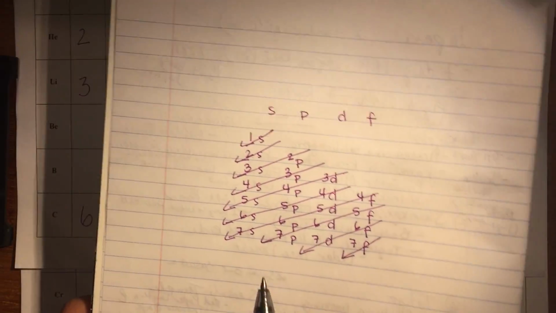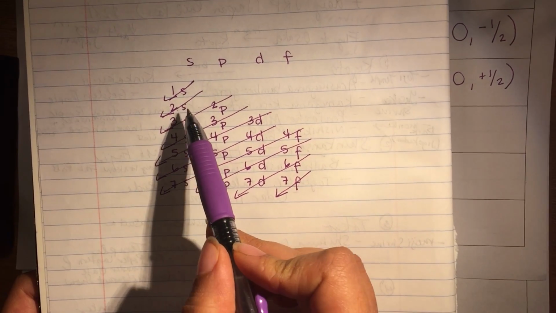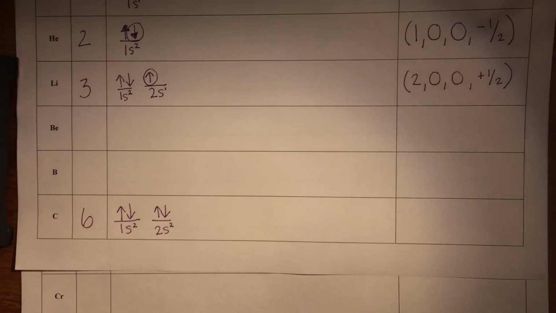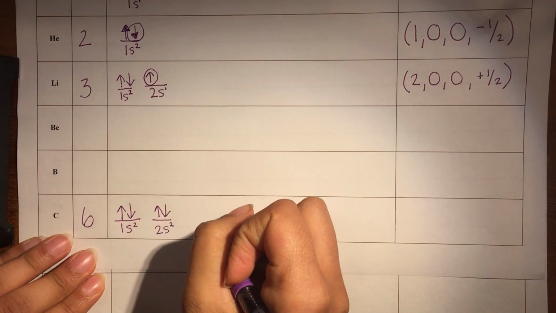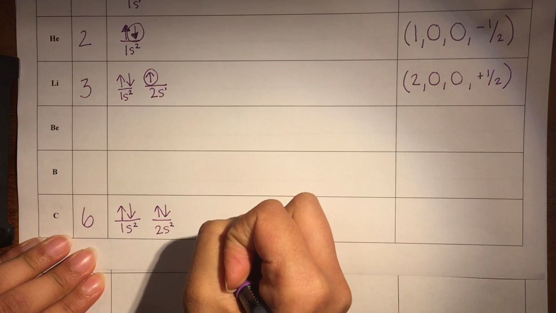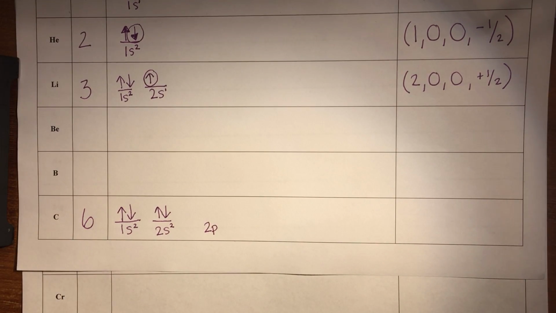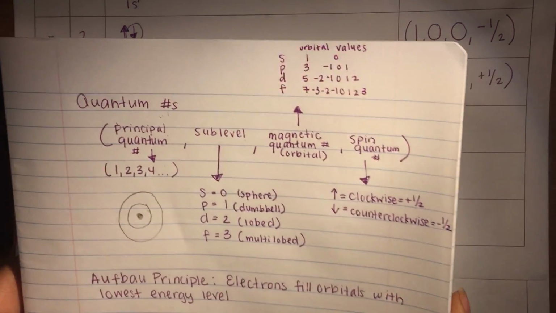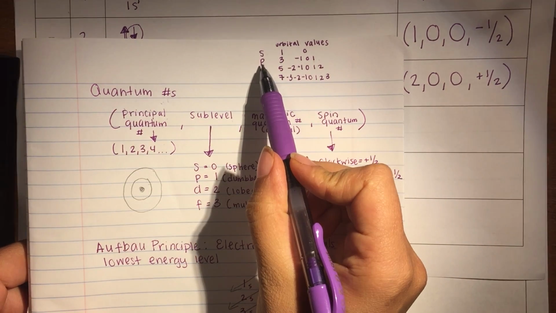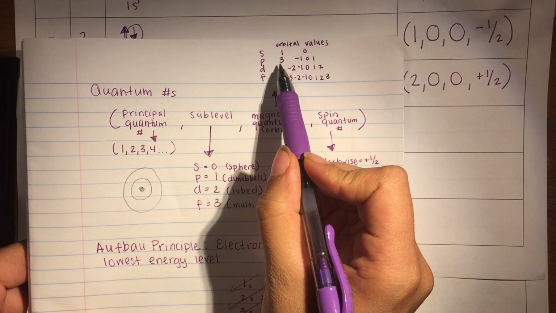Now if we look at our diagram, after 2s comes 2p. So I'm writing 2p. Why I left space is, if you go back to your notes, p's always have 3 orbitals.